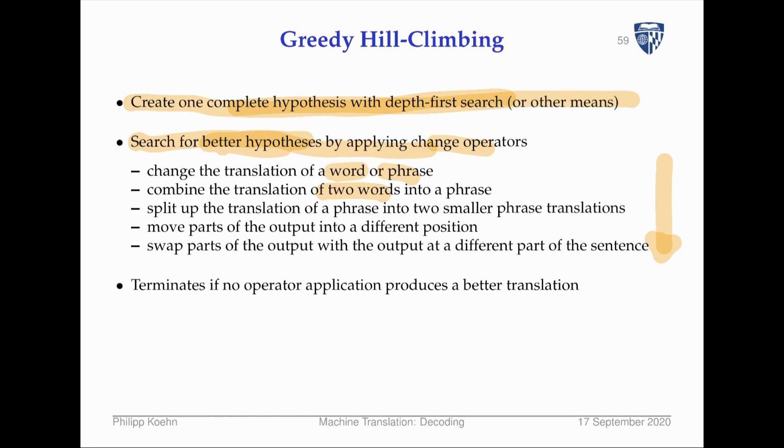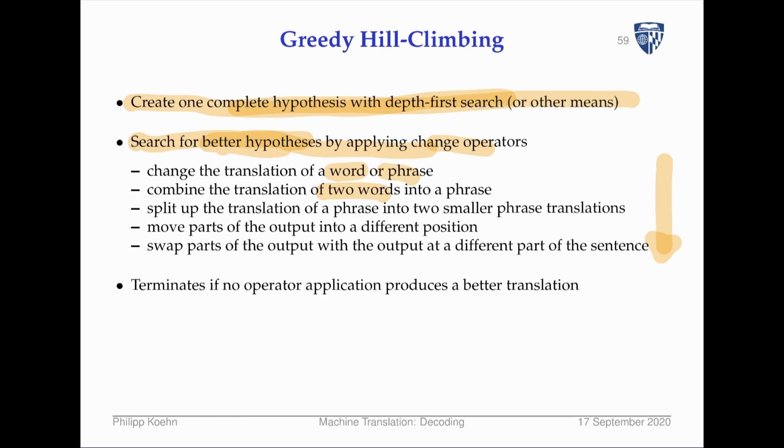There was a very early implementation of this for the IBM models, where decoding is really messy and complicated, which was popular for a while, but it has been succeeded by the beam search that we talked about here.